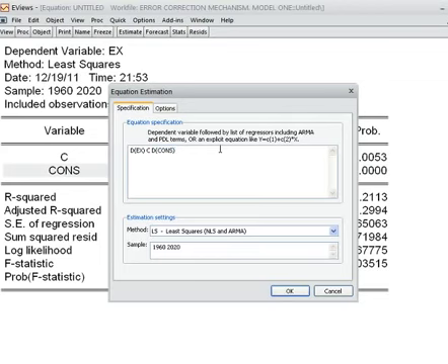And then I add the error correction term. What is that? That is u minus 1. What does it mean? U minus 1 means the 1 period lag of the residual.